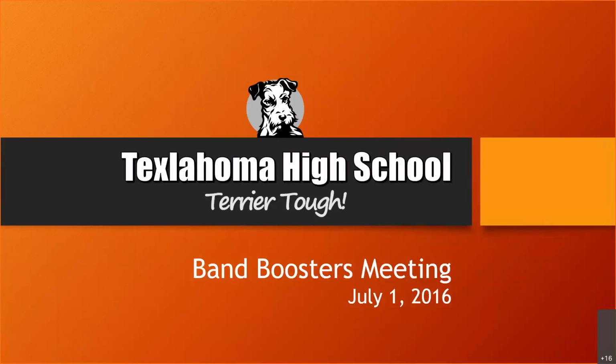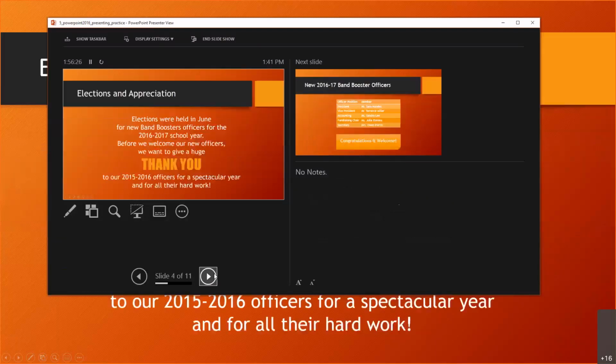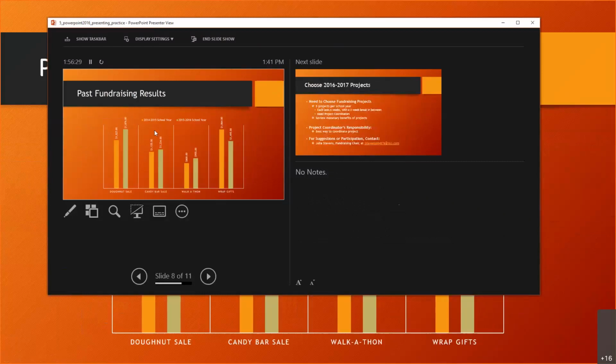And because I have 2 screens, presenter mode comes on my second screen that's not being shared with you. But I'm going to bring it over, make my way over to slide 8. And I'm going to do the same thing that we saw in the video of I want to put some drawings on these fundraising results.